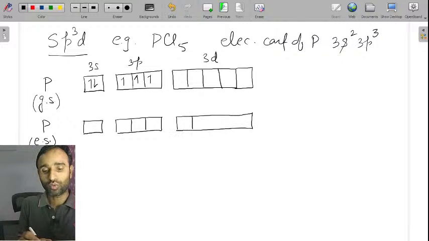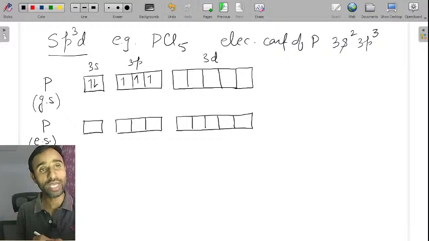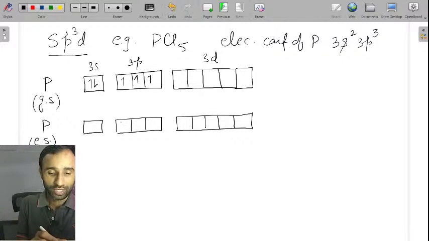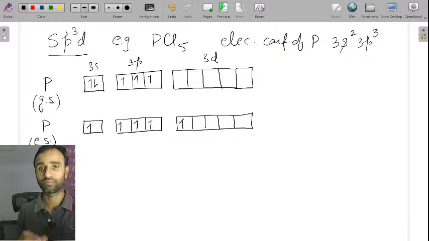So in the excited state, one of the electrons from 3s should be promoted to 3d. These 3 electrons remain as such, and one electron from 3s is promoted to 3d, so that phosphorus has 5 unpaired electrons.